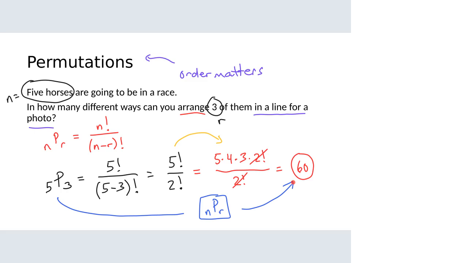So I love doing this by hand and canceling stuff out and multiplying what's left, but your calculator likely has an nPr button on it. It will do the calculation of this permutation for you. Most likely the way to enter this, again depending on your calculator, is 5, then the nPr button, then 3, and then either enter or equals. And what this will do is give you the 60.